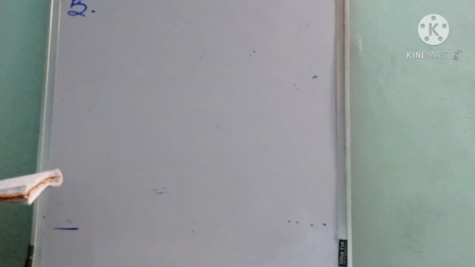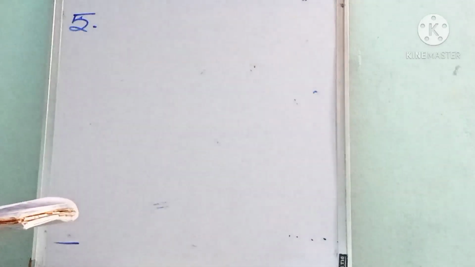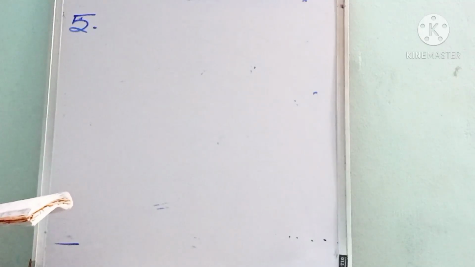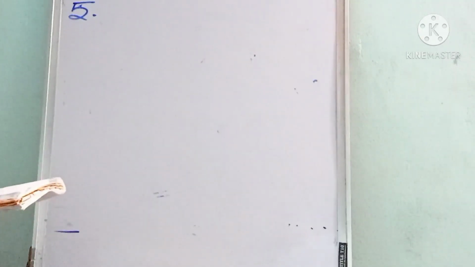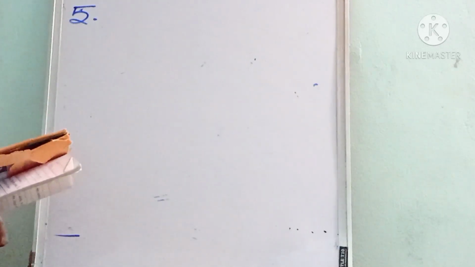Next, the fifth question is, find the unit vector parallel to the resultant of the vectors. Vector A is i plus 4j minus 2k and vector B is 3i minus 5j plus k.